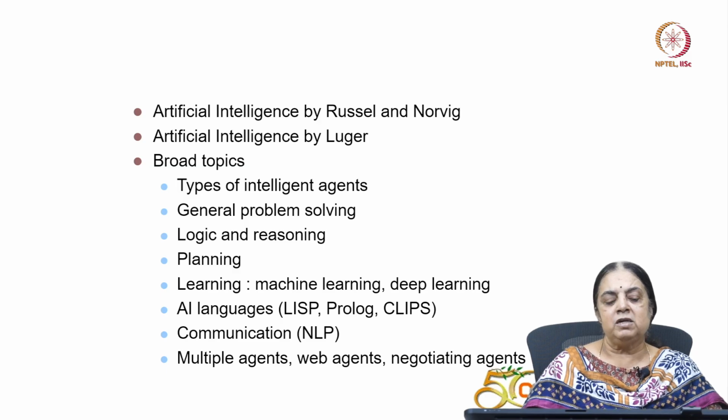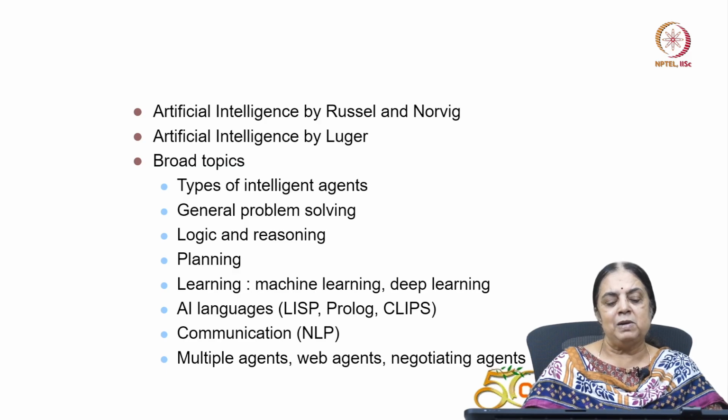And also you have things like theorem proving, which will tell you whether something is right or wrong, etc. And then we also have other types of logic like fuzzy logic, non-monotonic logic, etc. So we will talk about all those types of logic.